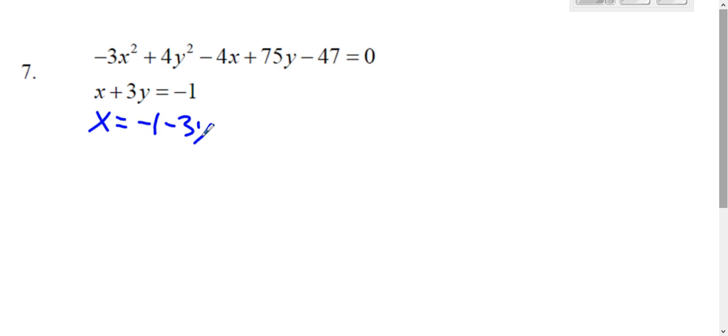x = -1 minus 3y. Now you have to take that -1 minus 3y and plug it in everywhere that there's an x in that top equation.